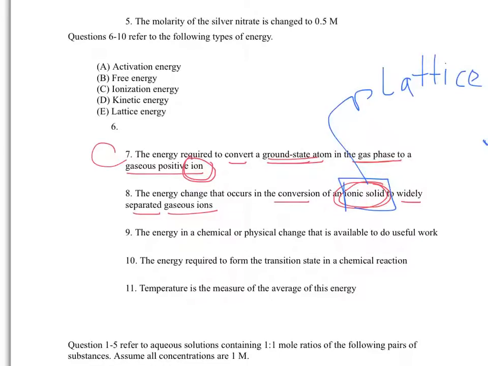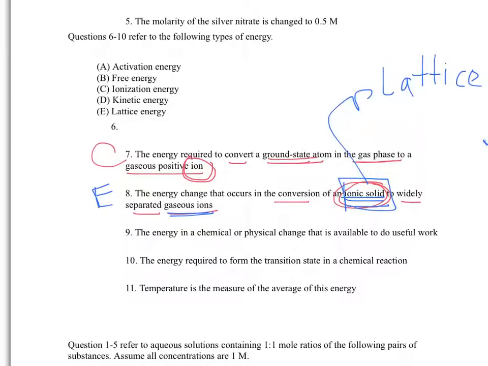Yep, it's a lattice. An ionic solid is formed into a crystal lattice. So to take something from an ionic solid to a gas is lattice energy. It's the amount of energy required to destroy that lattice, which is extremely, extremely high.